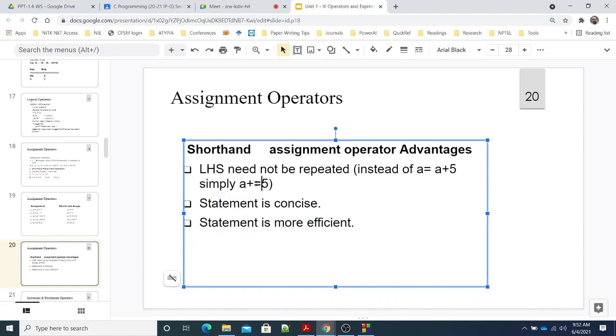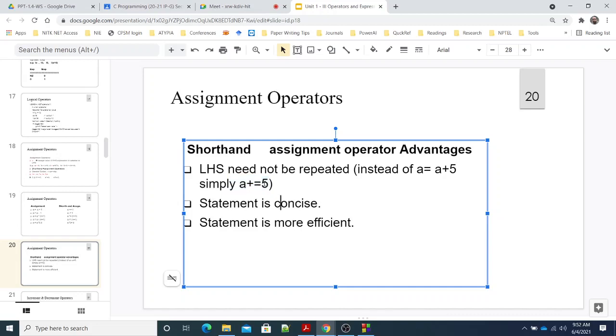Sometimes all these instructions or expressions are executed by the CPU, right? The CPU has corresponding machine language level commands. For some CPUs there will be a dedicated machine level command for this operation, the shorthand assignment operator.